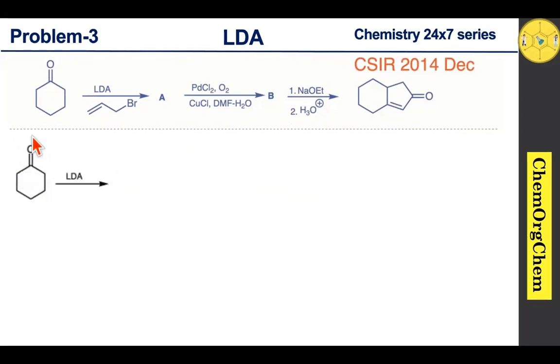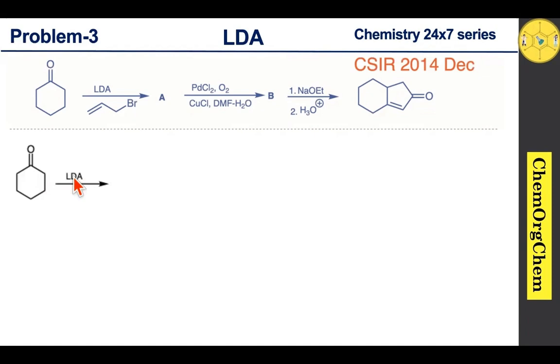The first step is the treatment of cyclohexanone with LDA. So LDA we already discussed in our channel. LDA is one of the sterically hindered strong non-nucleophilic bases which readily takes the proton from the less hindered site. So according to this, here you see there are two sides.